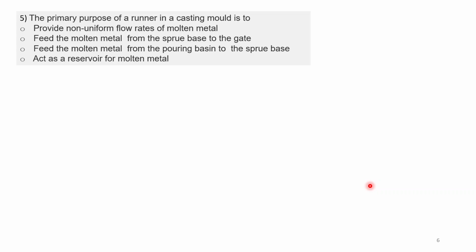Next question is, the primary purpose of a runner in a casting mold is to. If you know the answer, you can type it in the chat. Even if you don't know the answer, I'll know which part I need to tell again.